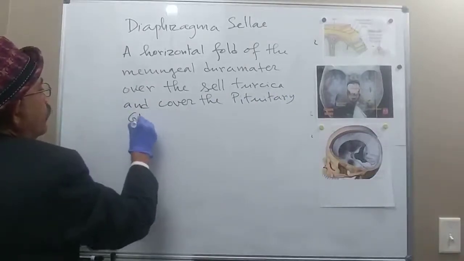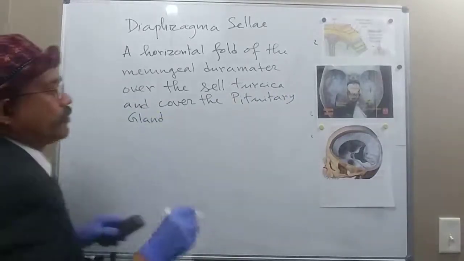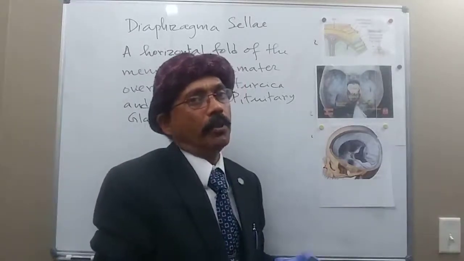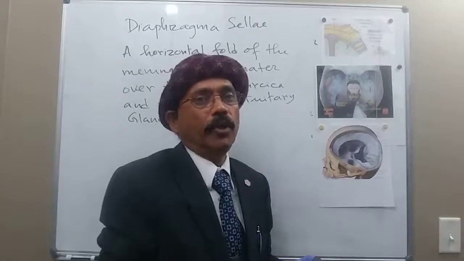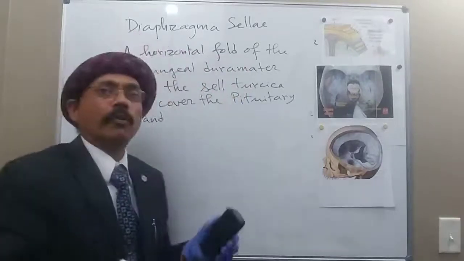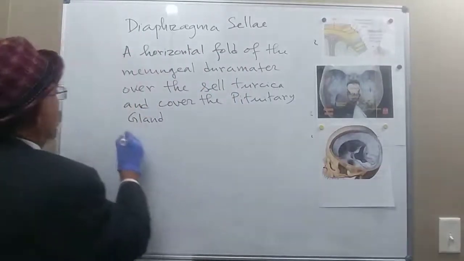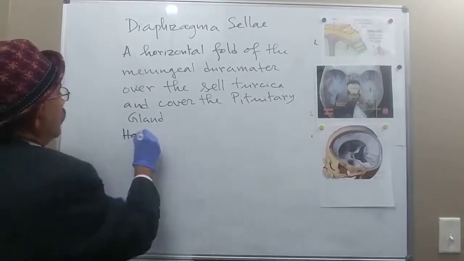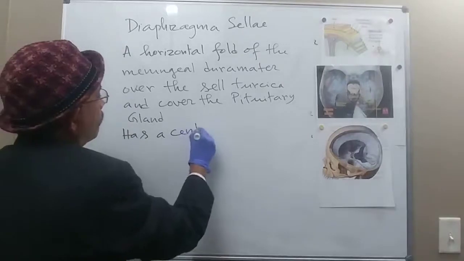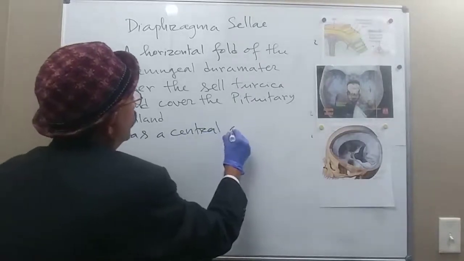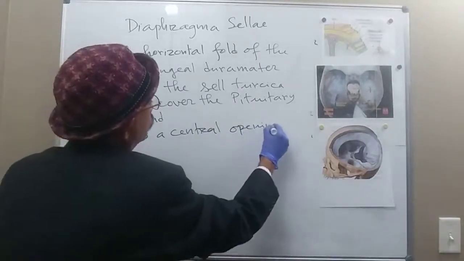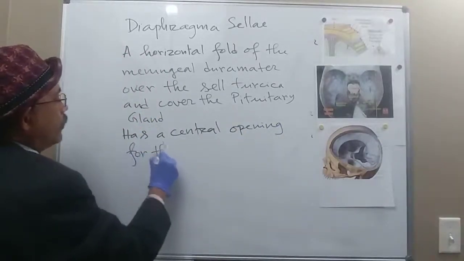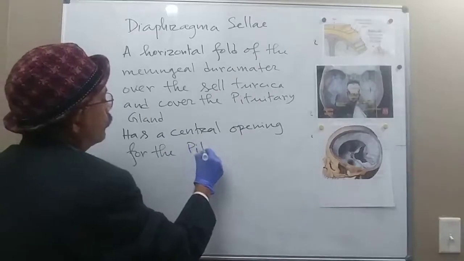Okay, and this is important. It has a central opening. This diaphragm has a central opening for the passage of the infundibulum and blood vessels. You can call it the pituitary stalk.